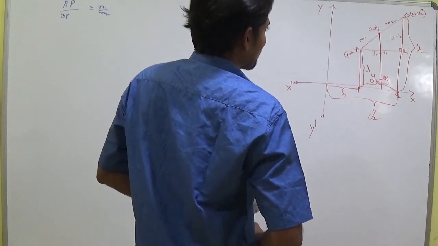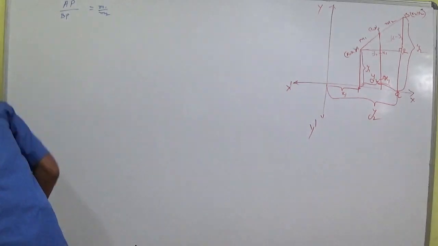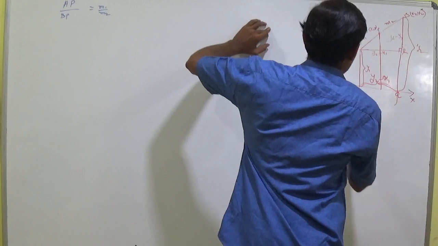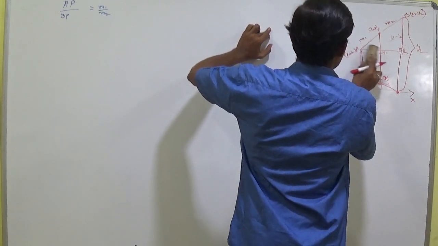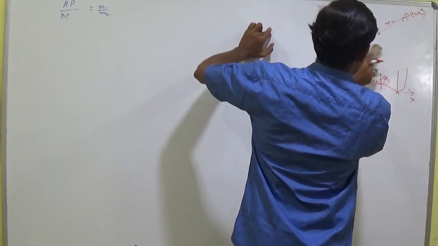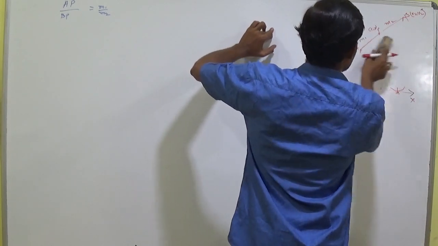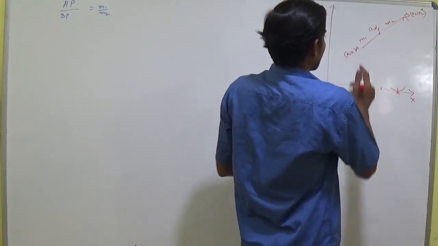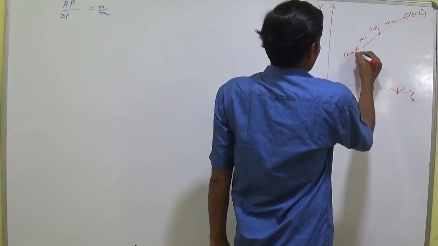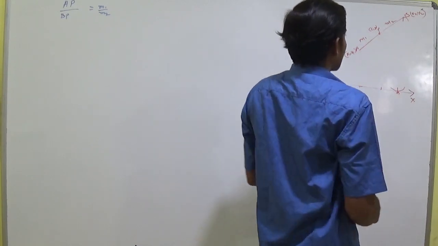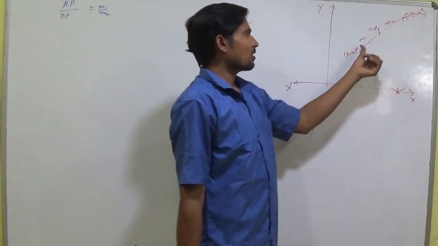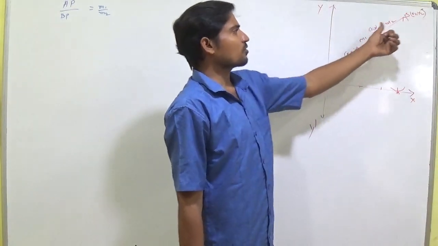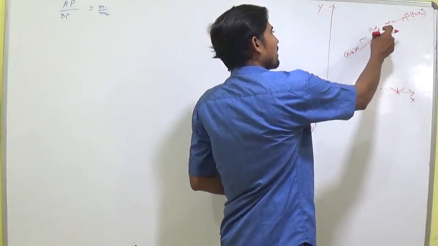Let us write again. Suppose 2 points A x1, y1 and B x2, y2. The point P divides the joining line segment AB in the ratio m1 is to m2. The coordinates of P are x, y.